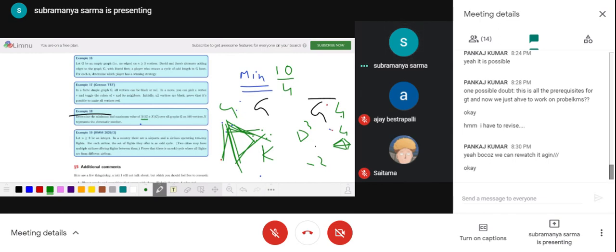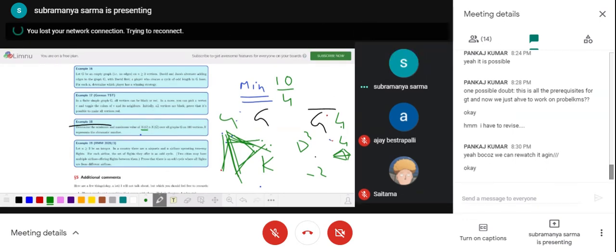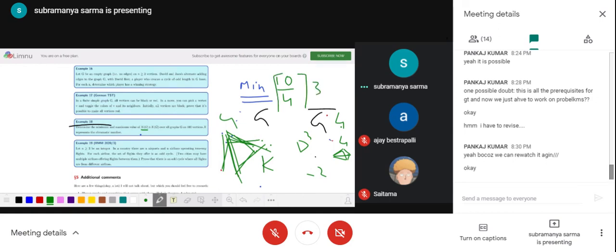So it's just a simple calculation. You can't have 12 because you only have 10 vertices.